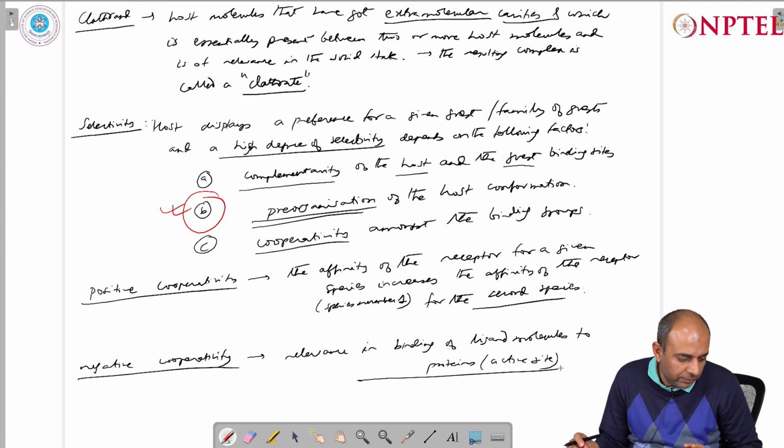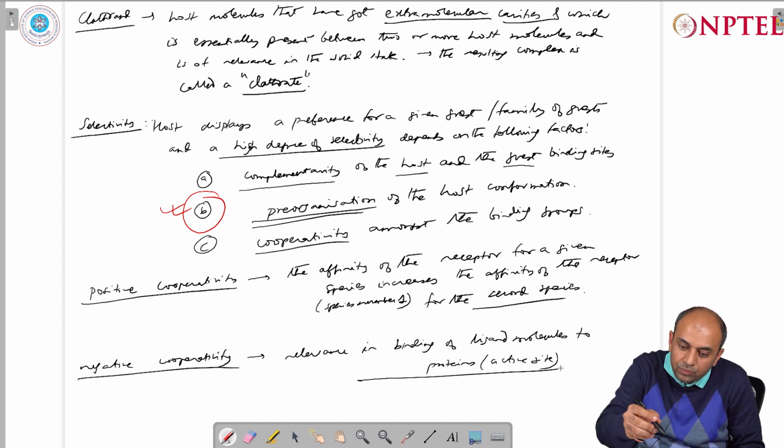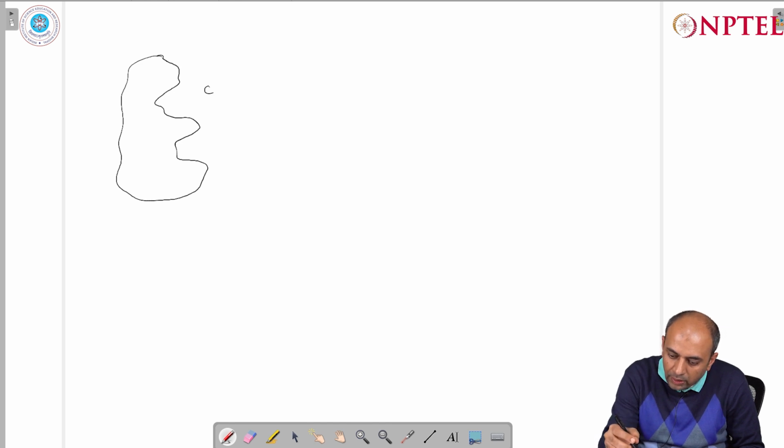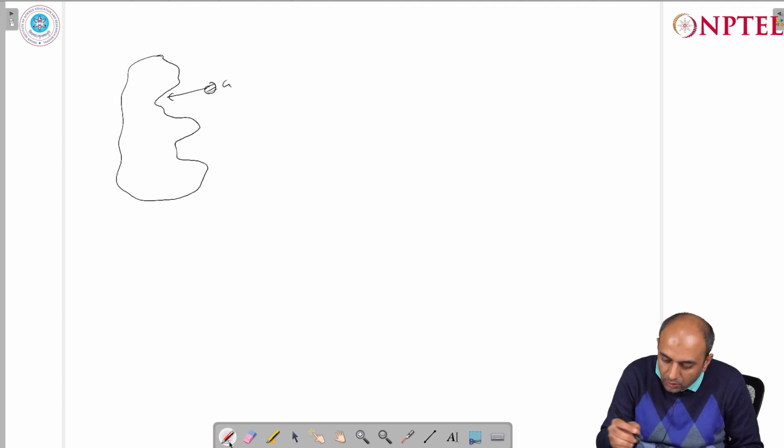So, positive cooperativity and negative cooperativity both can operate, and what happens is that you have got a large protein, okay, and say a guest molecule comes and binds to the protein which is the receptor molecule.